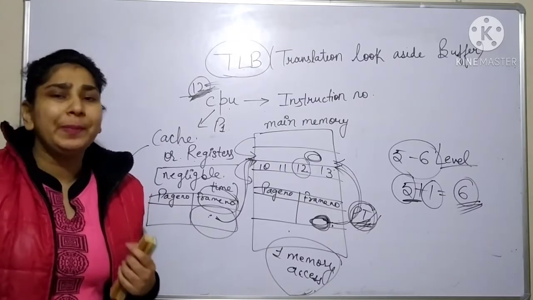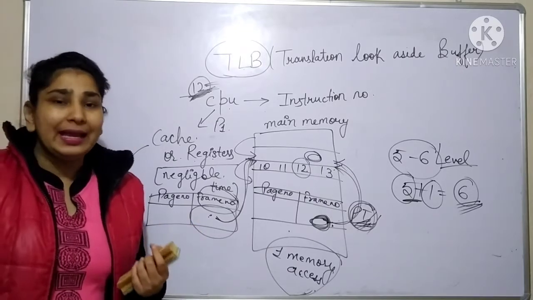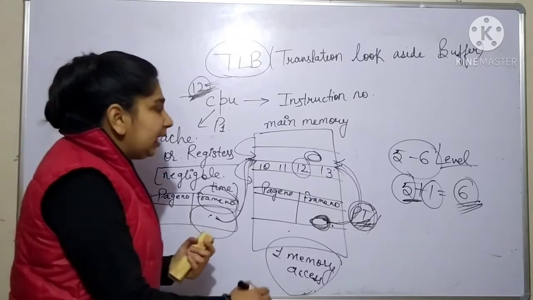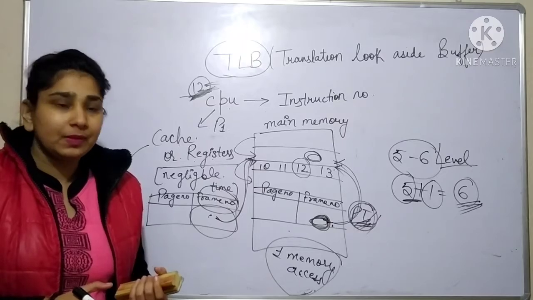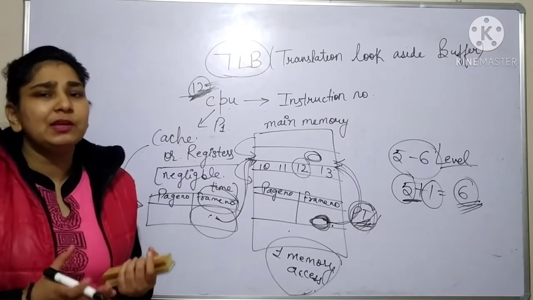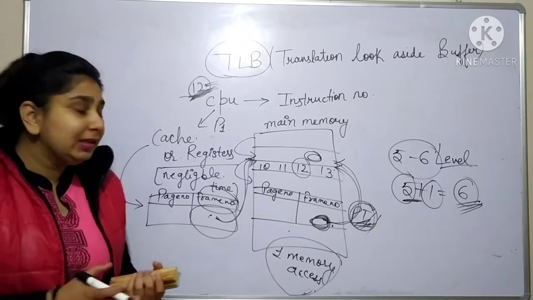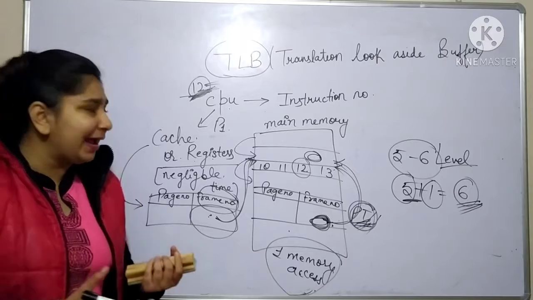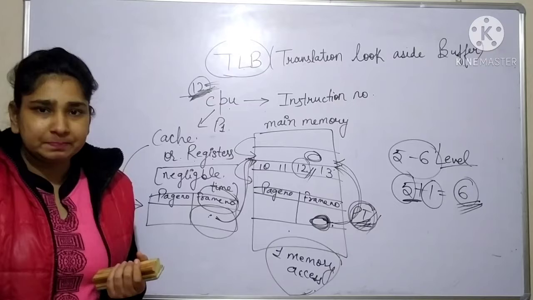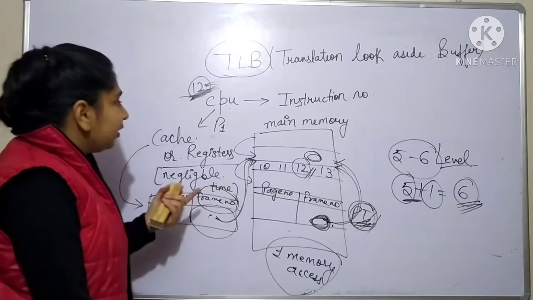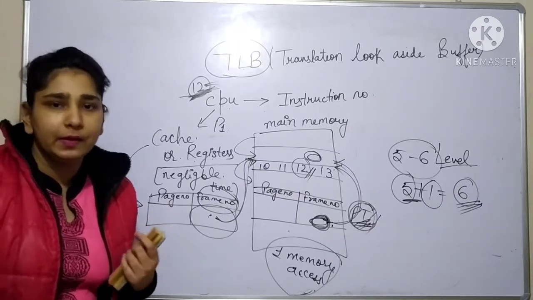The purpose of the page table is to provide you the frame where you can get your actual instruction. We have lots of pages in the main memory for one process, and with the help of the page table you identify the frame in which your original instruction is present. So if you are using TLB, only one main memory access is going to be there.